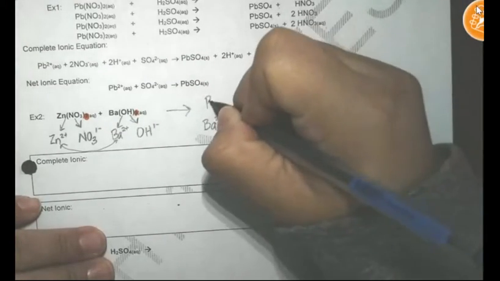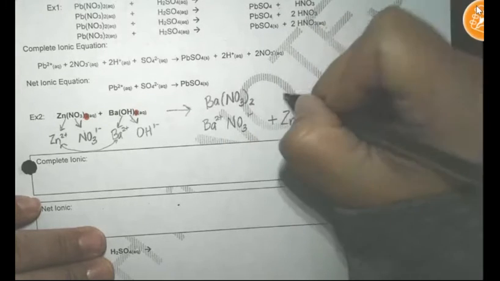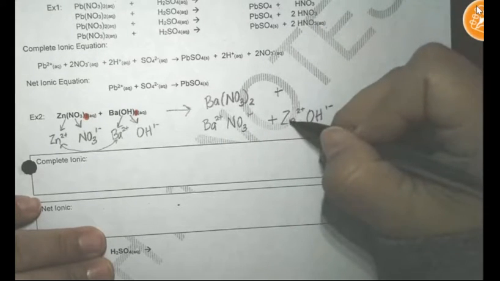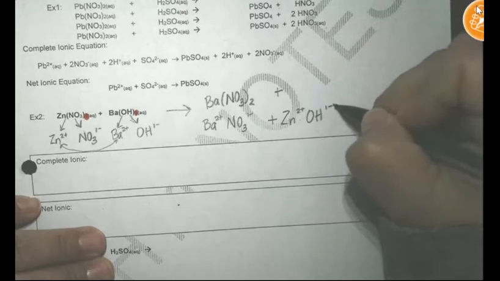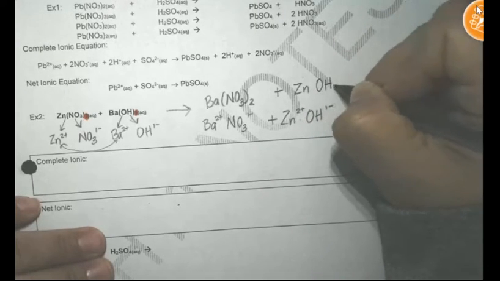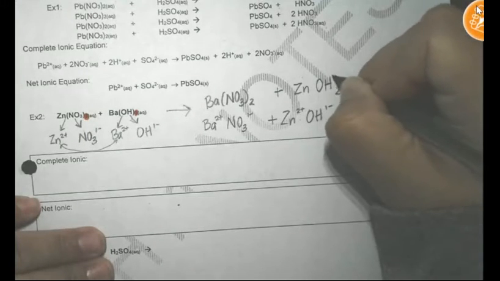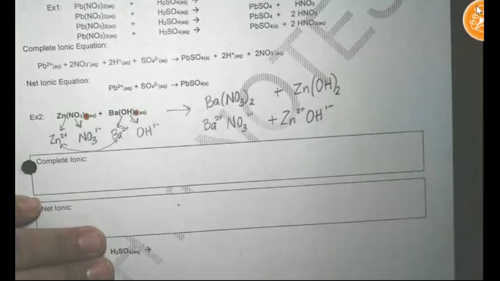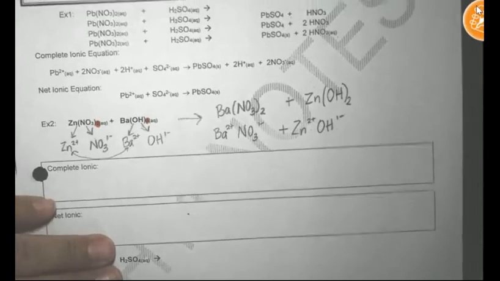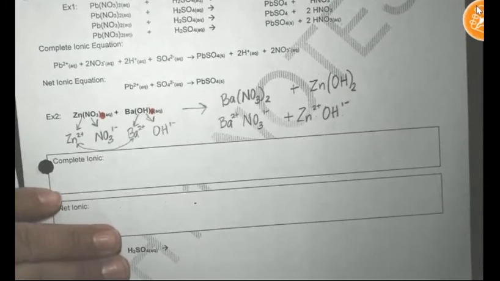So this is Ba(NO3)2 plus Zn is 2+, OH is 1-, so Zn(OH)2, capital letters. So if I crisscross a 2, I need parentheses. So I did step 1. I predicted the products of the double replacement reaction.